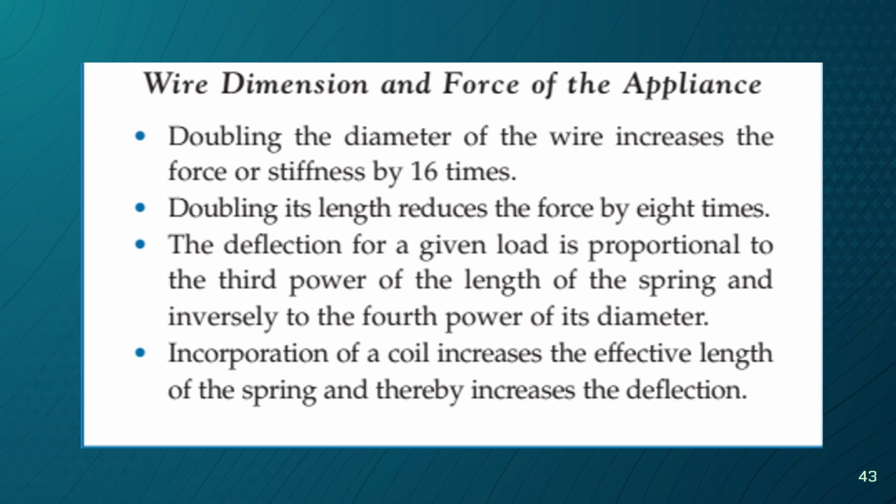This means that when we double the diameter of the wire, the force of stiffness increases by 16 times, since it's directly proportional to the third power of the radius. Now, doubling its length reduces the force by 8 times. Again, this is because the force is inversely proportional to the length of the wire.